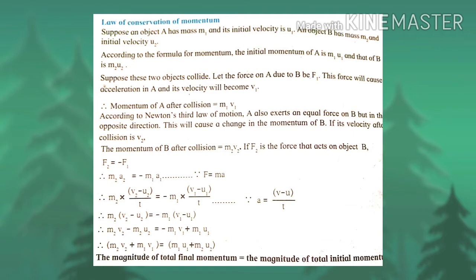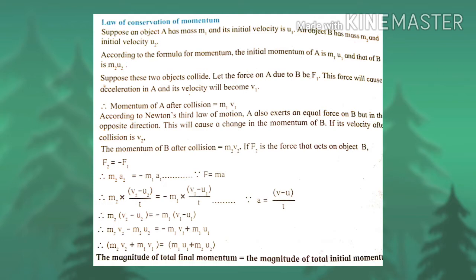The initial momentum of A is m1 u1 and that of B is m2 u2. Suppose these two objects collide, then F1 is the force acted by A on B and its velocity is v1. So its momentum is m1 v1.